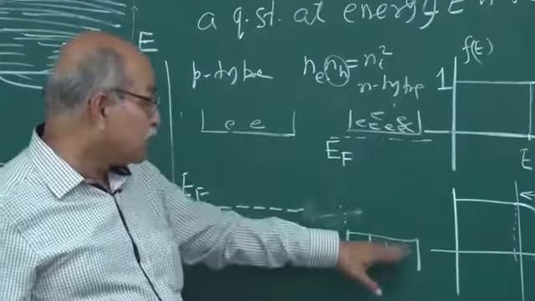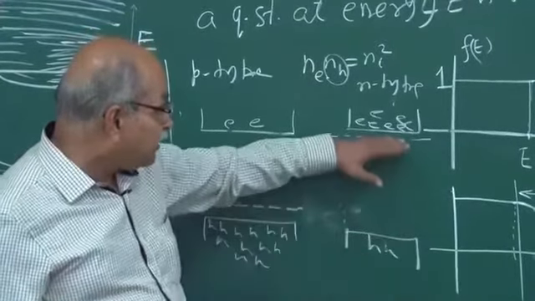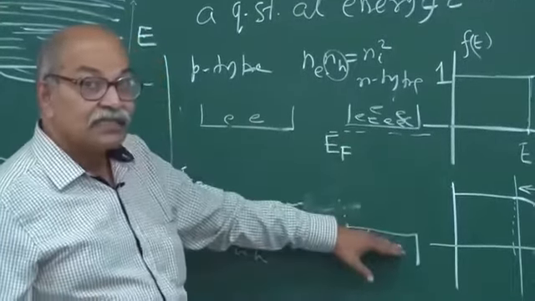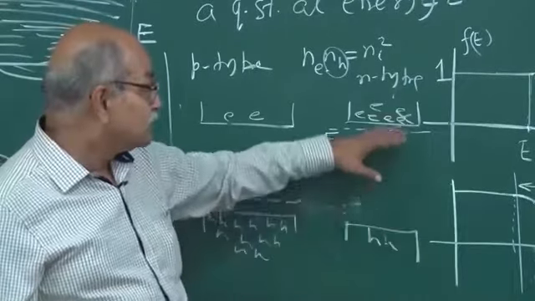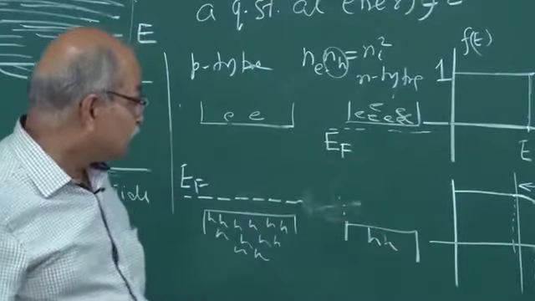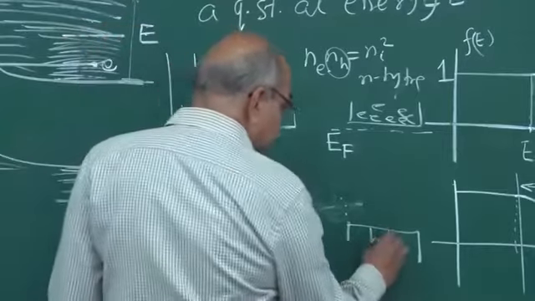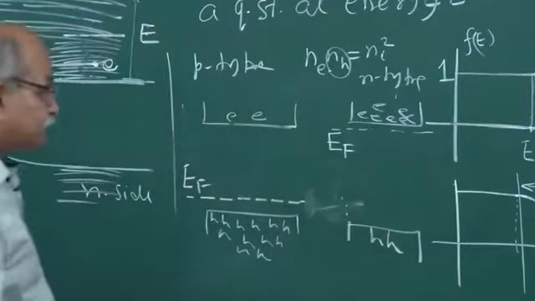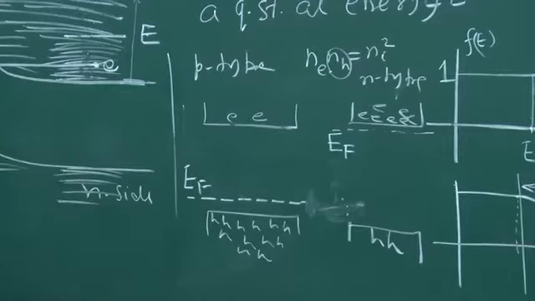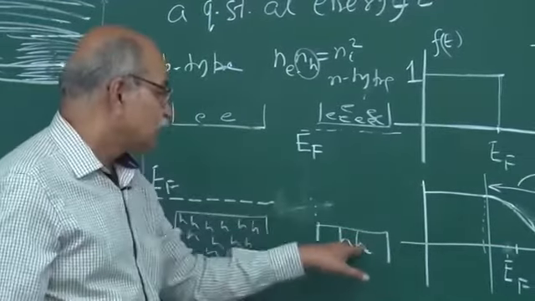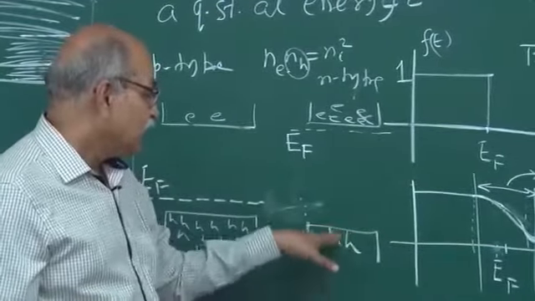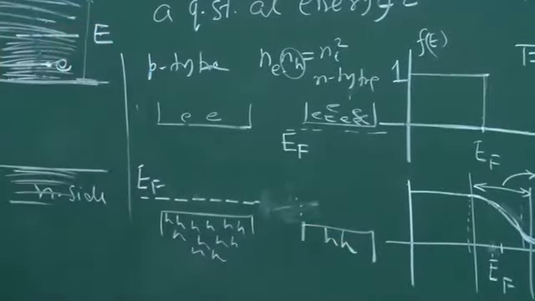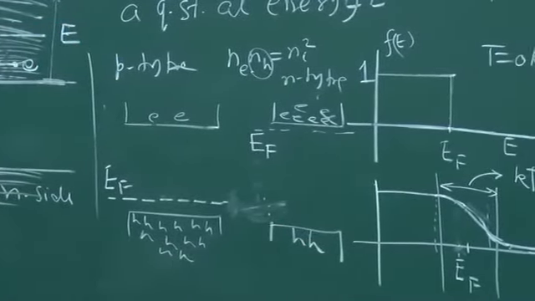Whereas these quantum states for holes are far away from EF, and therefore the probability is very small, and you have only a small number of holes here. So 1 minus Fe is very small, and therefore very few holes are there. So this is the picture.